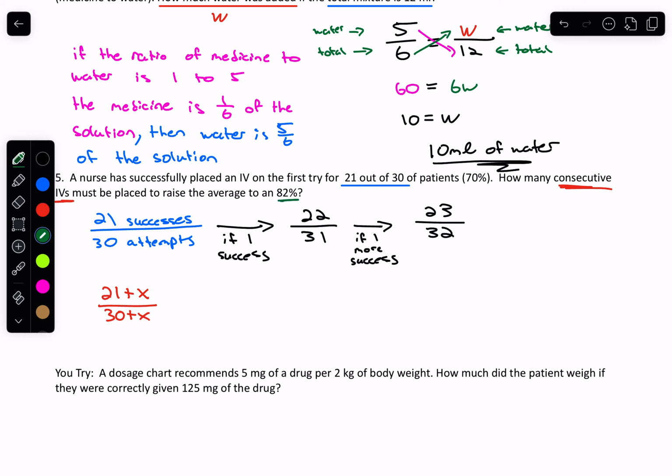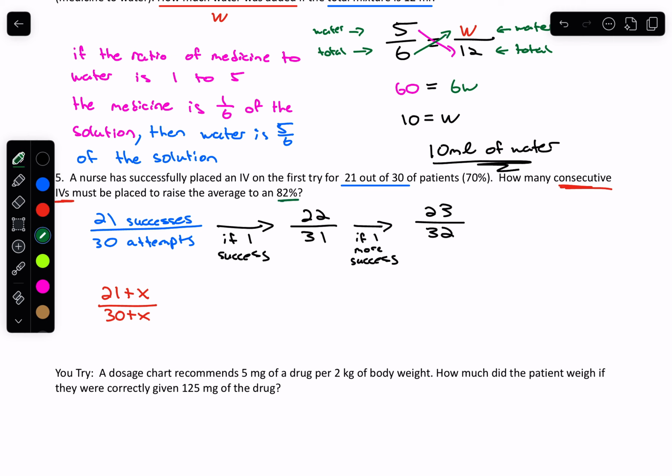So if I want to gain 82%, I need to set this equal to 82 over 100, where now I have my proportion that I can solve. I have that 21 plus x over 30 plus x is equal to 82 over 100. So I want to find out how many successes I need to have in a row in order to get to 82%. All right, so now we can go ahead and solve this thing.